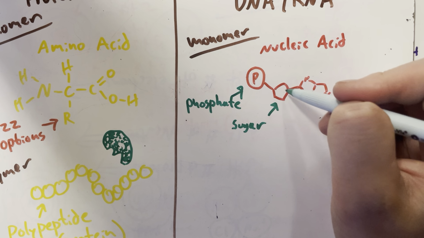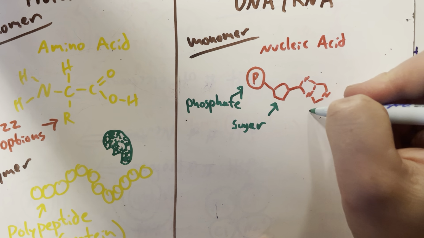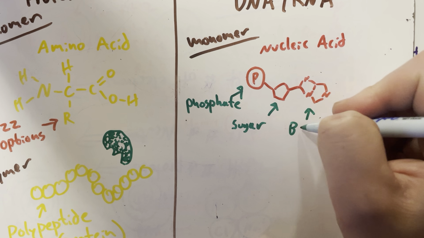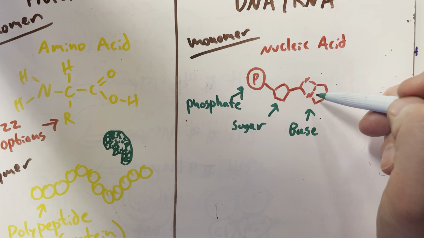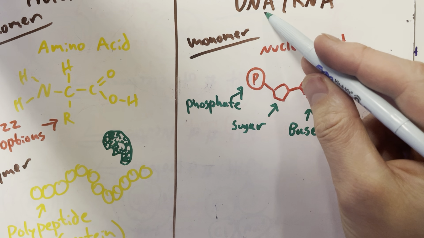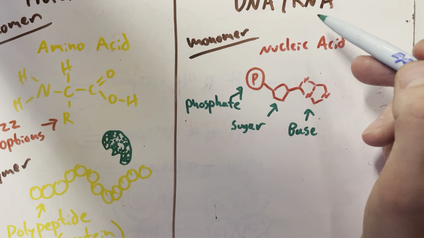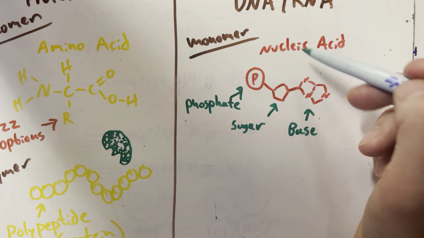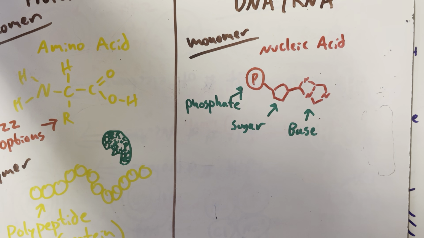It's a ribose molecule missing one of its oxygens. And then this part is the base. There are 4 different bases in DNA and 4 different bases in RNA. RNA has 1 base that's different than DNA. So really there are 5 potentially different bases.